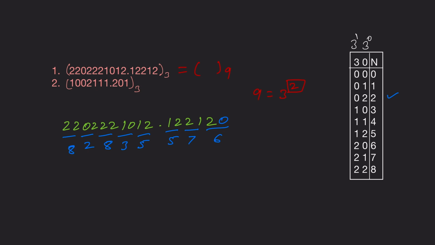So this number will be 8283.576. This becomes the base 9 number.